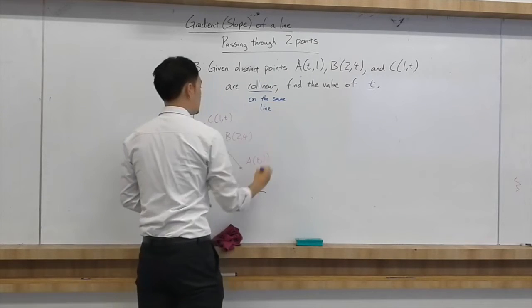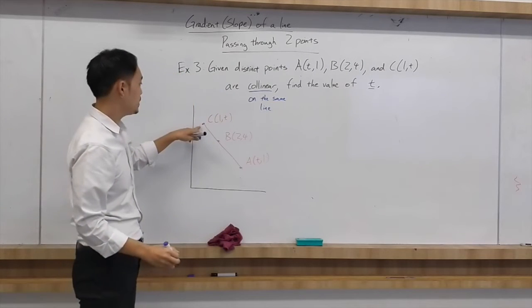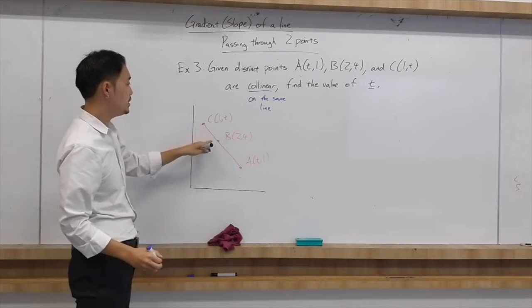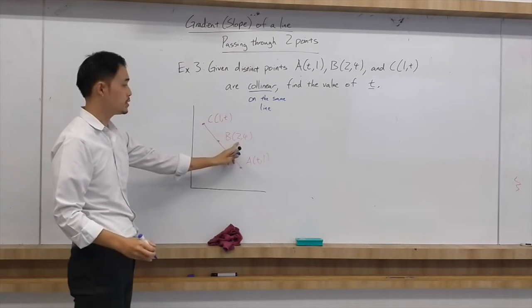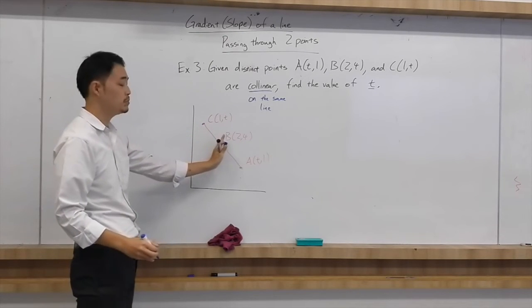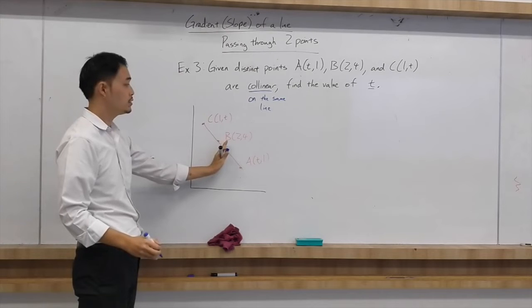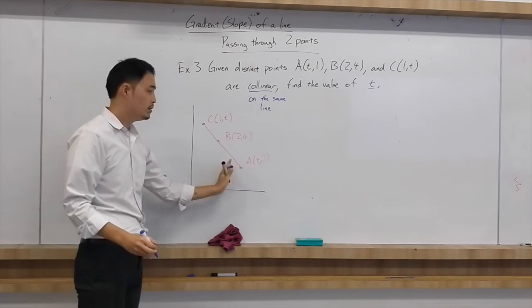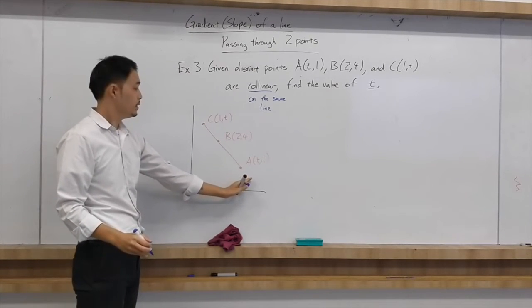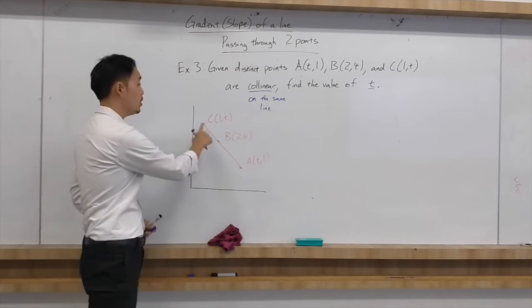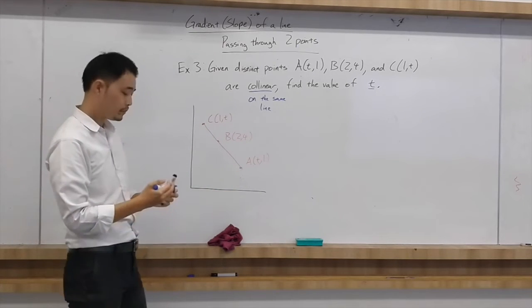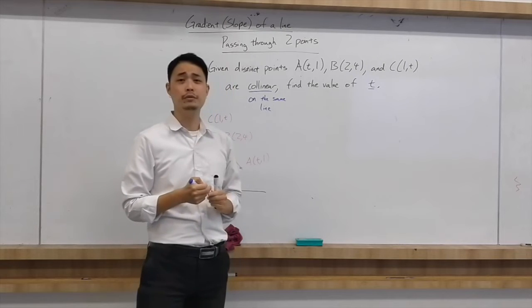So, if I were to draw this on a graph, it would look like this, right? I have C at 1, T, B somewhere to the right because it's got an x-coordinate of 2, so B must be somewhere to the right at 2, 4, and A must be probably somewhere farther down at T, 1. They're all along the same line. And what we want to do is we want to find the value of T.